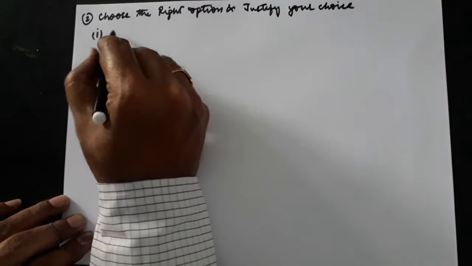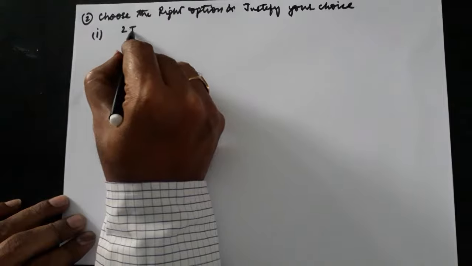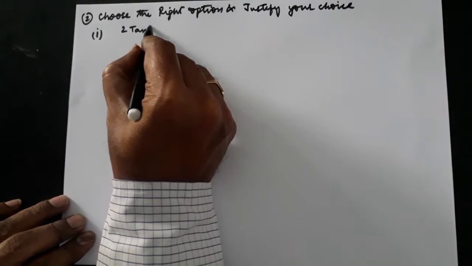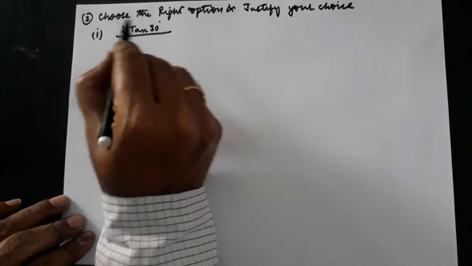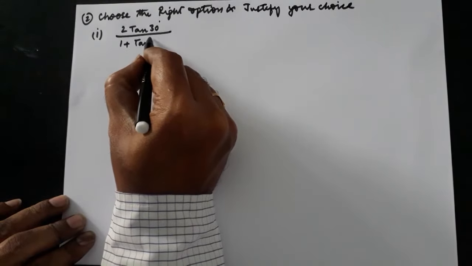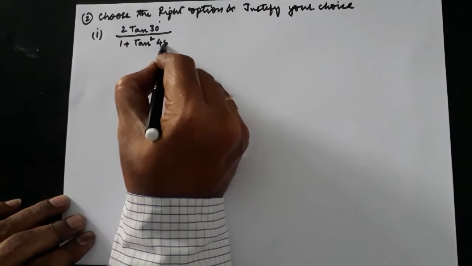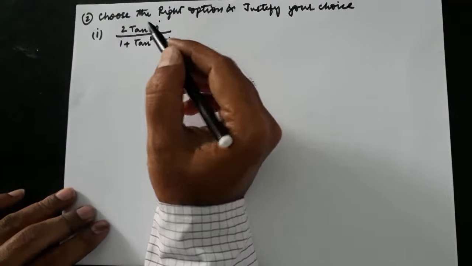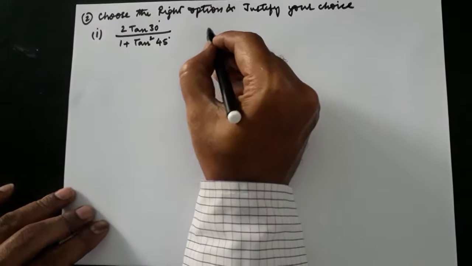What is the first one? 2 tan 30 degrees divided by 1 plus tan square 45 degrees. Okay, so what are the choices given?